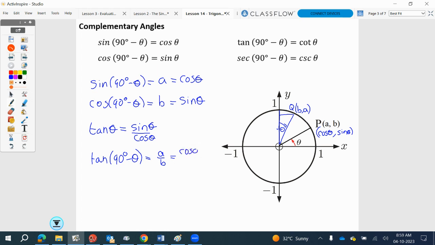So cosine theta over sine theta, which is equal to the cotangent. So the cotangent of theta.